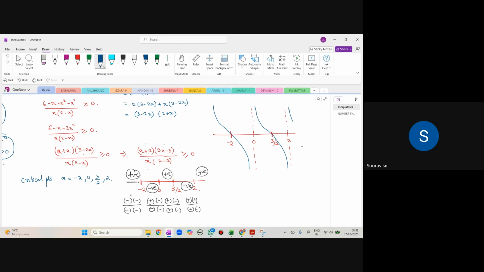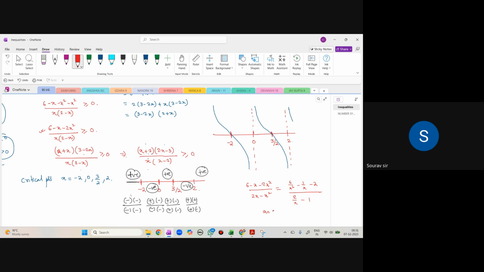Now, if I also want to see what is the end behavior of the graph, that also I can do. So to do that, I'll take this expression, 6 minus x minus 2x square by 2x minus x square. So this was my original expression here. I divide the numerator and denominator by x square. So I get 6 by x square minus 1 by x minus 2 by 2 by x minus 1.